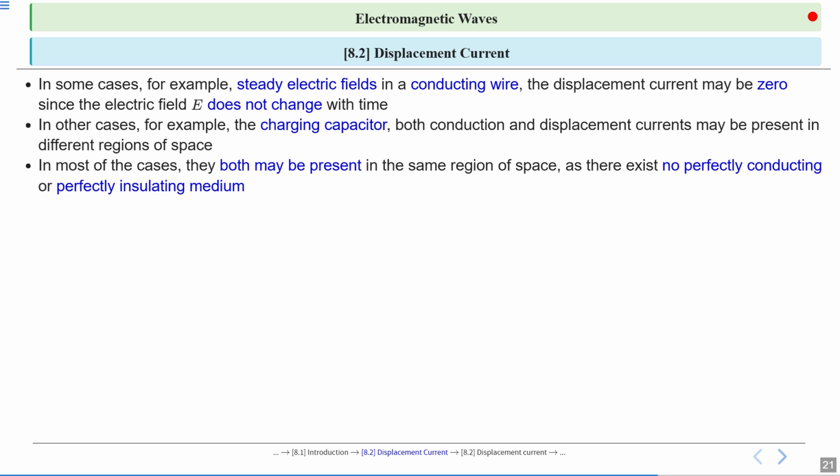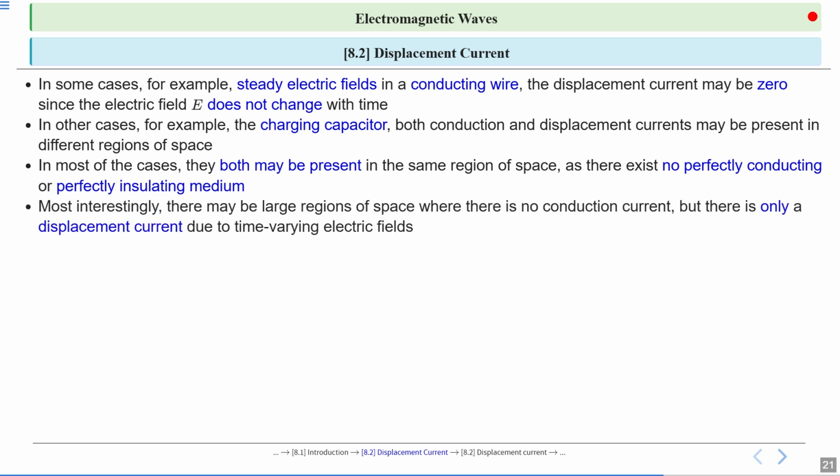A very small amount of current may be flowing through that dielectric also, due to which a very small amount of conduction current will be there, but a large proportion of displacement current. So we can say that there is no perfectly conducting or perfectly insulating medium. That's why both conduction and displacement current can exist in the same region of space.